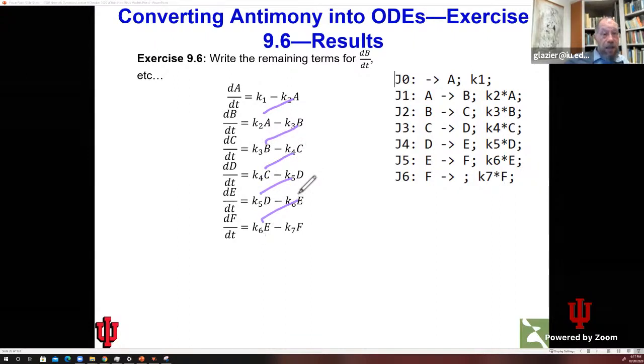Notice that if I added everything up, if I summed everything, I would get K1 minus K7F. Everything else would cancel out.